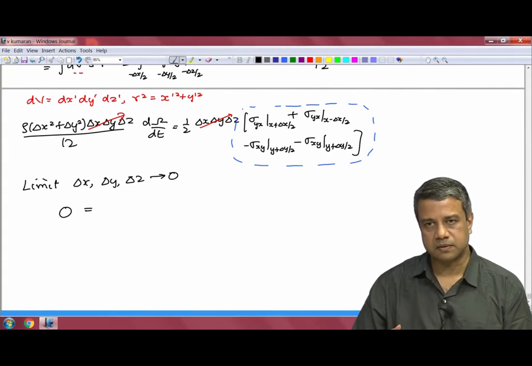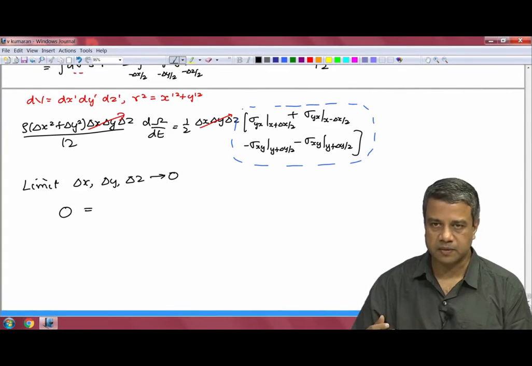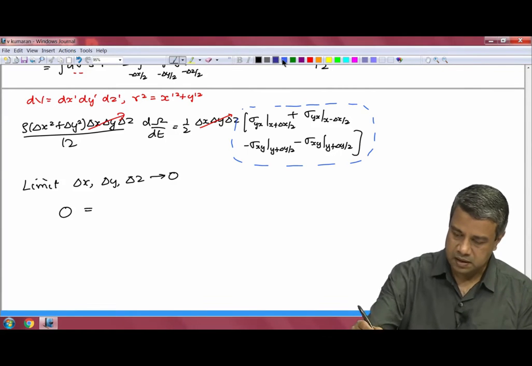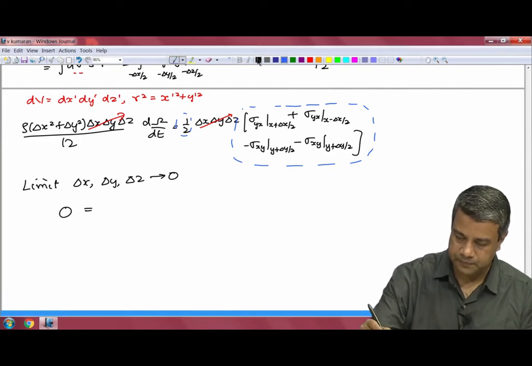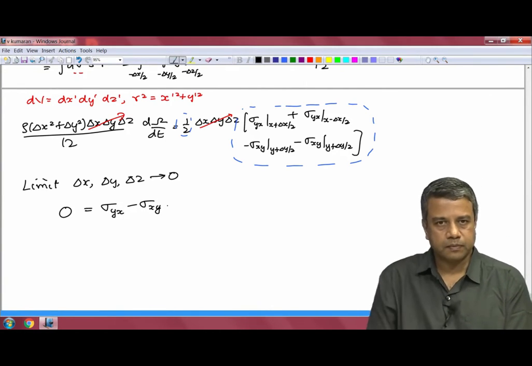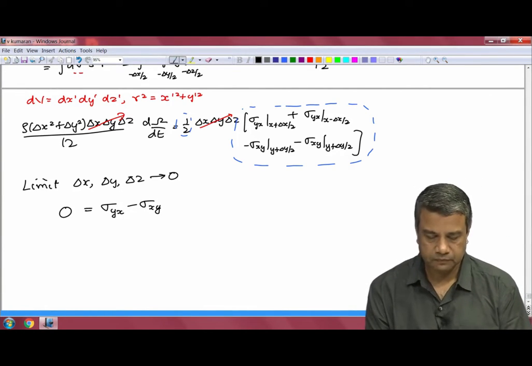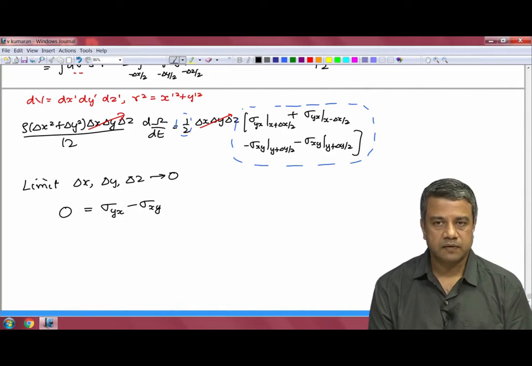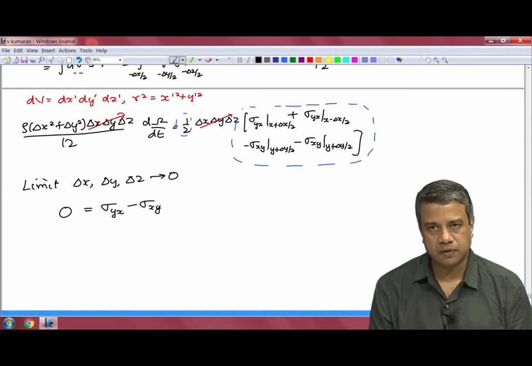This just becomes equal to sigma y x itself, multiplied by 2. And I have a factor of half here. So, this is equal to sigma y x minus sigma x y. That is the requirement for angular momentum conservation about the z direction.